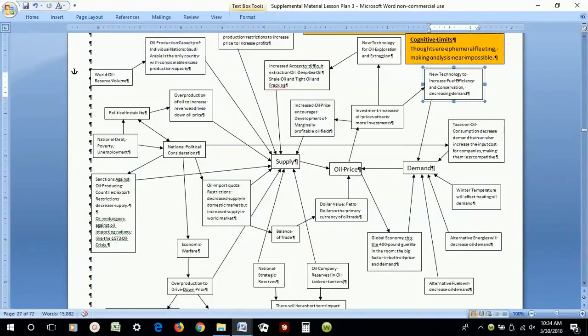For example, slant drilling combined with hydraulic fracking increased access to difficult-to-extract oil like tight oil, deep sea oil, and shale oil. So new technologies make all these possible. That increases the supply, driving down price.